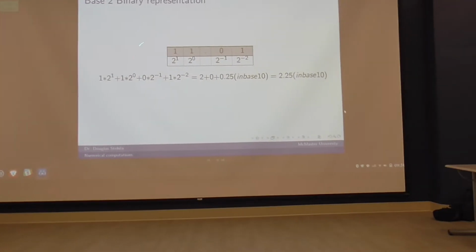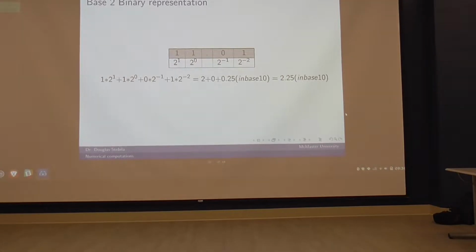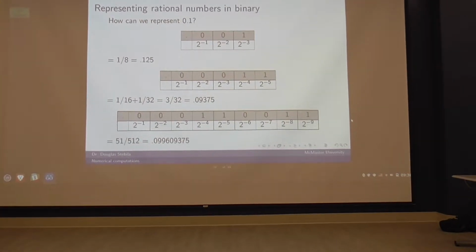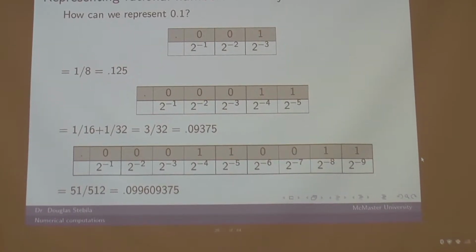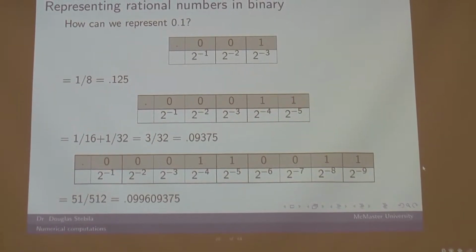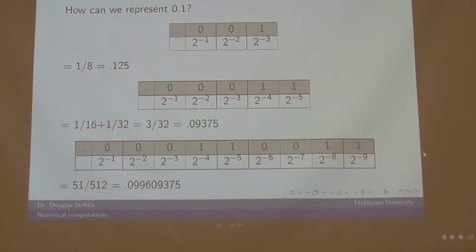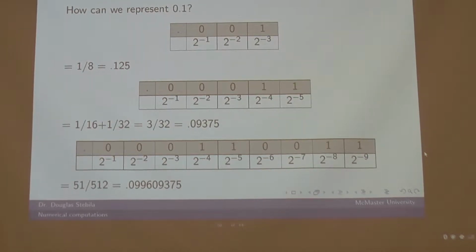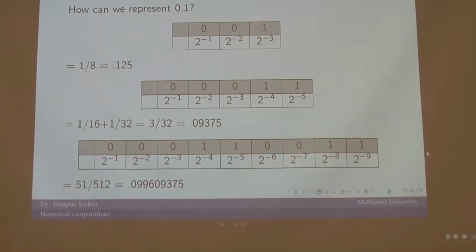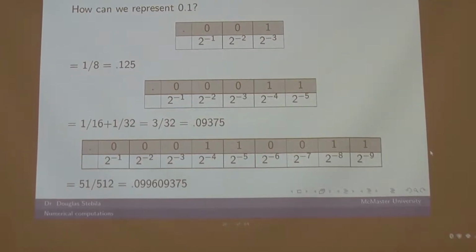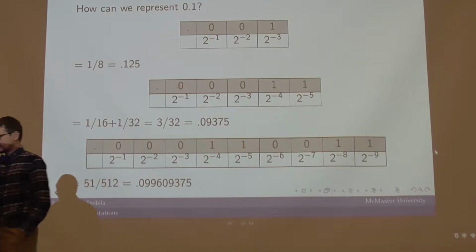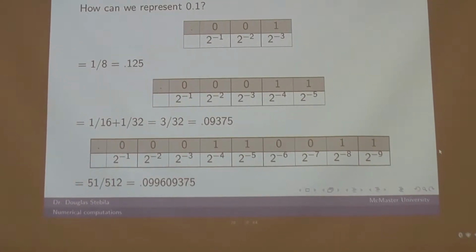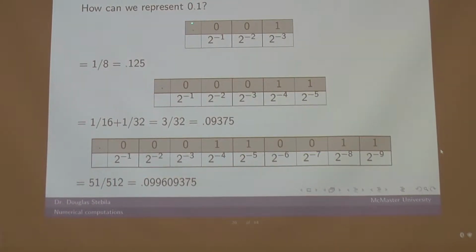So this has some interesting consequences, right? In particular, normally what we are interested in is the conversion of decimal fractional numbers into a binary fractional representation, right? So let's examine a fairly famous example, 0.1.